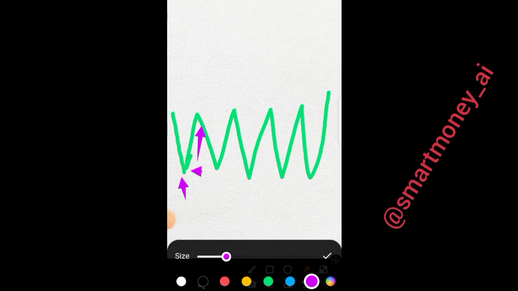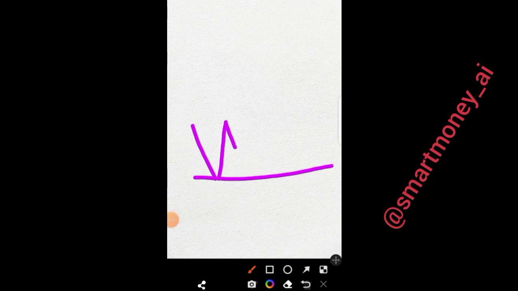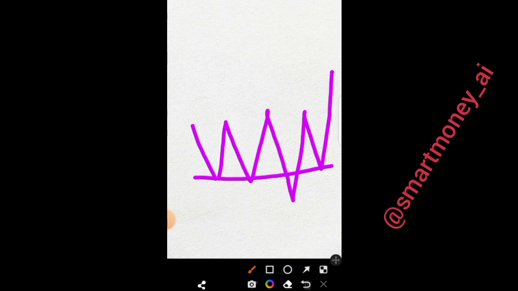Same thing applies to this one here, this, and that. You see that? All these levels where price stopped, it hit and bounced back, hit and bounced back, right? Okay, let me draw these again.